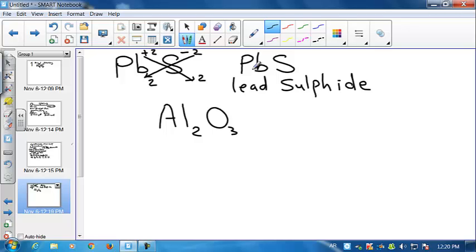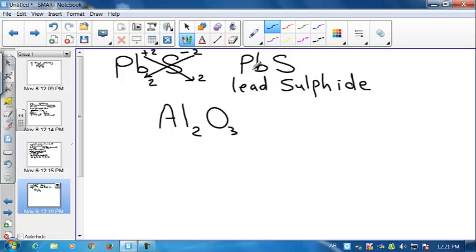But teacher, Pb2S2, when we make it PbS, we changed the subscript. Did we change the formula? No, because you didn't change the ratio. Because when I say Pb2S2, it means each atom of lead reacts with an atom of sulfur, and here also in PbS, each atom of lead reacts with an atom of sulfur.